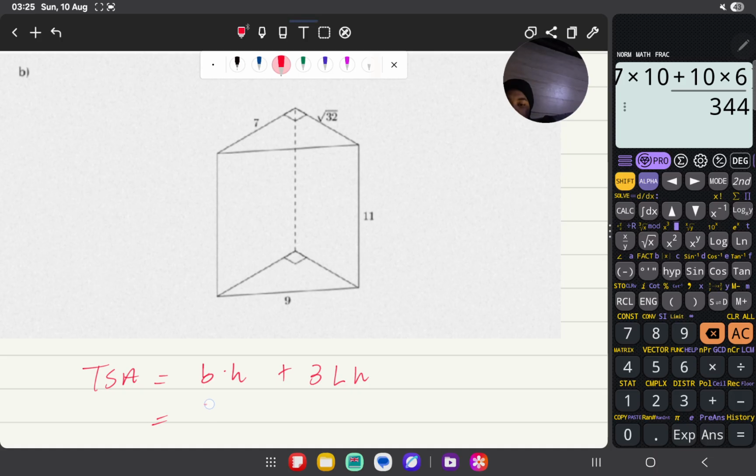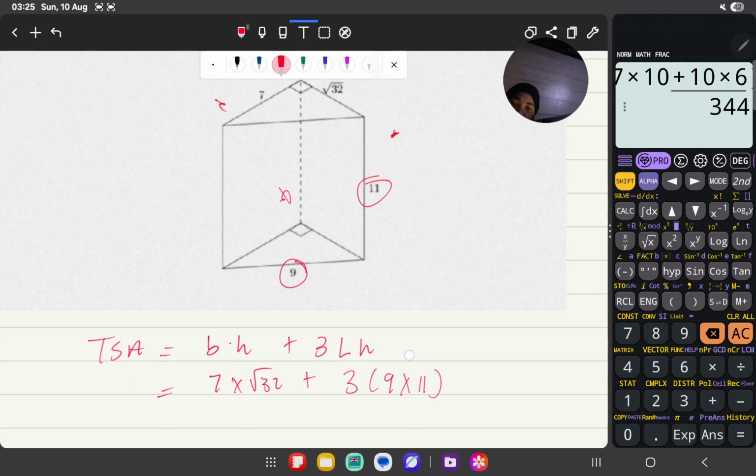So we can say 7 multiplied by square root of 32, then plus 3 into 9 times 11.